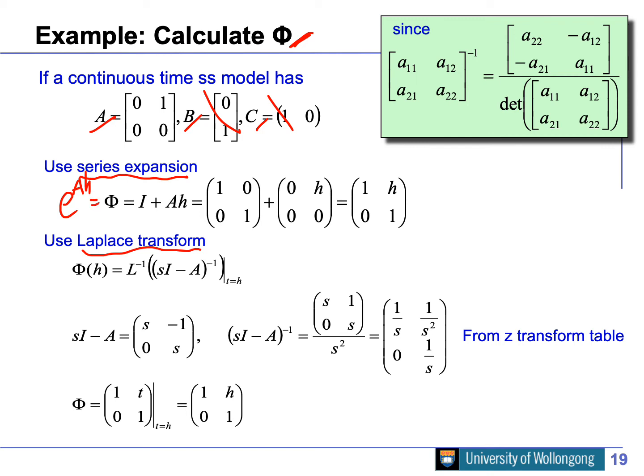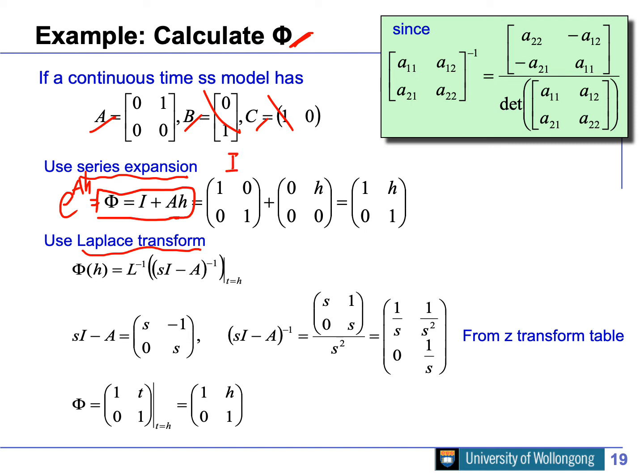It's this thing. So it has nothing to do with B and C and D. But anyhow, the series expansion is basically: we've got this formula we derived, use linear components and ignore the higher power in the series. So I is this one, this is the I matrix.